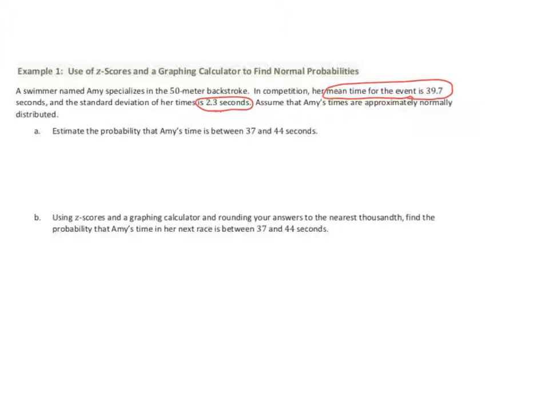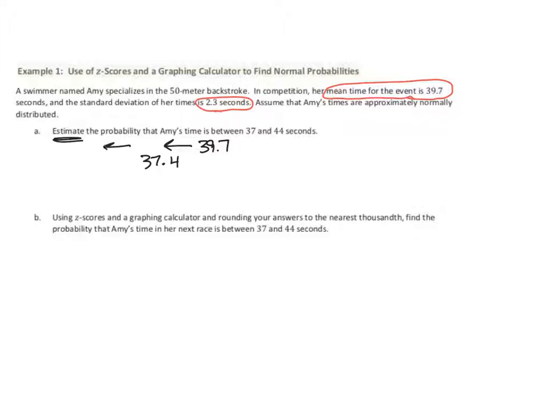So estimate, I hate estimating, but we're going to learn how. The probability that Amy's time is between 37 and 44 seconds. So let's go ahead and put her mean time here. And we know a standard deviation in this direction. I'm going to subtract 2.3 and get 37.4.